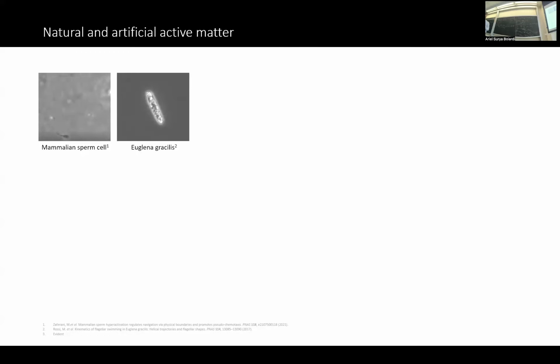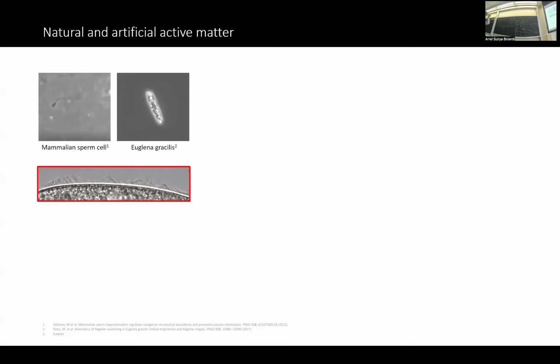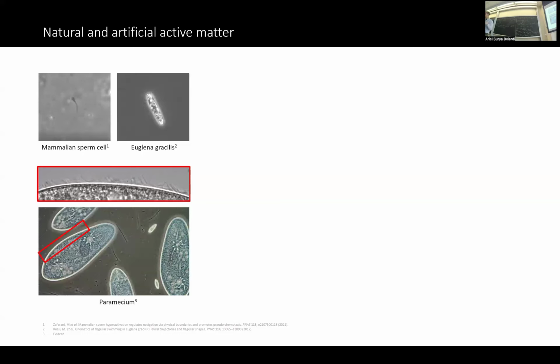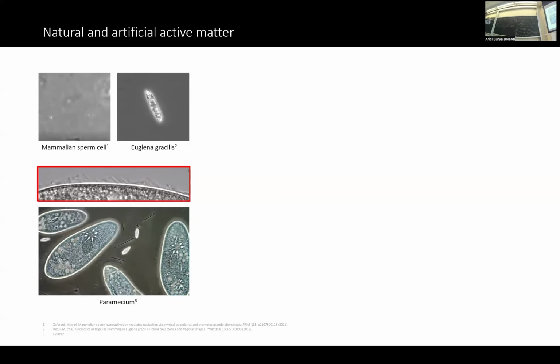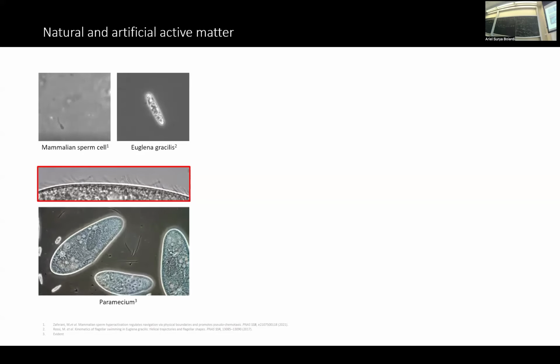Indeed, these elongated filamentous structures are ubiquitous in nature, in living organisms, either as single flagella or in ciliary carpets like this, where we can see many filaments forming these metachronal waves on the outer surface of a paramecium, which is a big cell, which again swims, moving all these cilia.